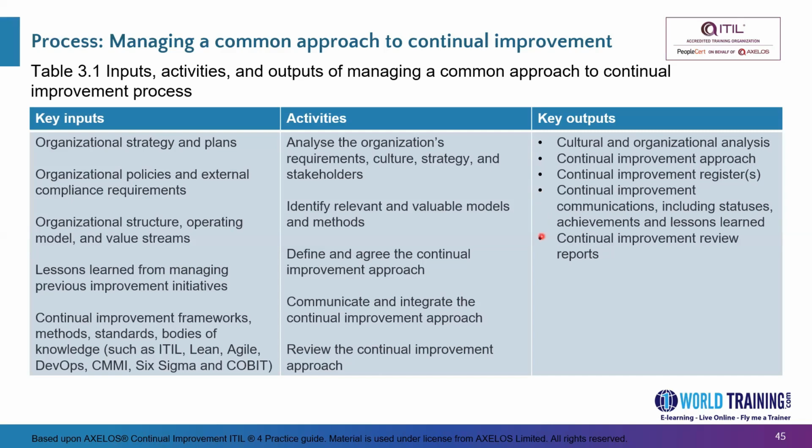So these are not for individual improvements, but these 2 outputs, the improvement communications and the improvement review reports, are for a collection of improvements, which are outcomes of a review of the improvement practice and the ideas to modify them, improve the approach, and implement them in a better way.